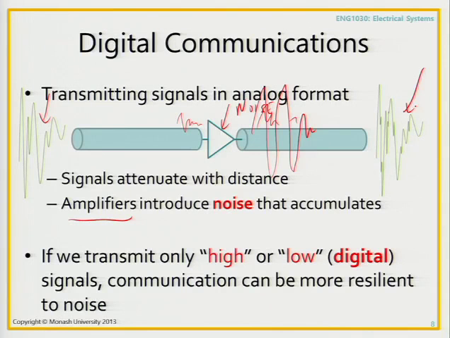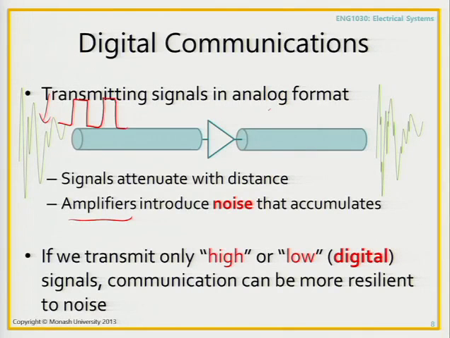And that's why over a long distance, it's better to use digital communications, because instead of amplifying this, if I have a digital signal here, and this signal's small here, and I introduce noise to it, well, that's okay, because there might be a bit of noise here, a bit of noise here, a bit of noise here.